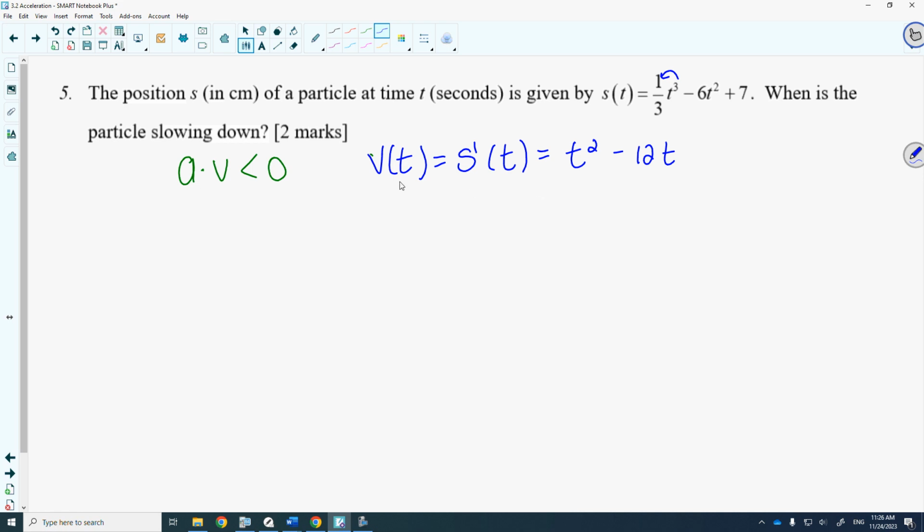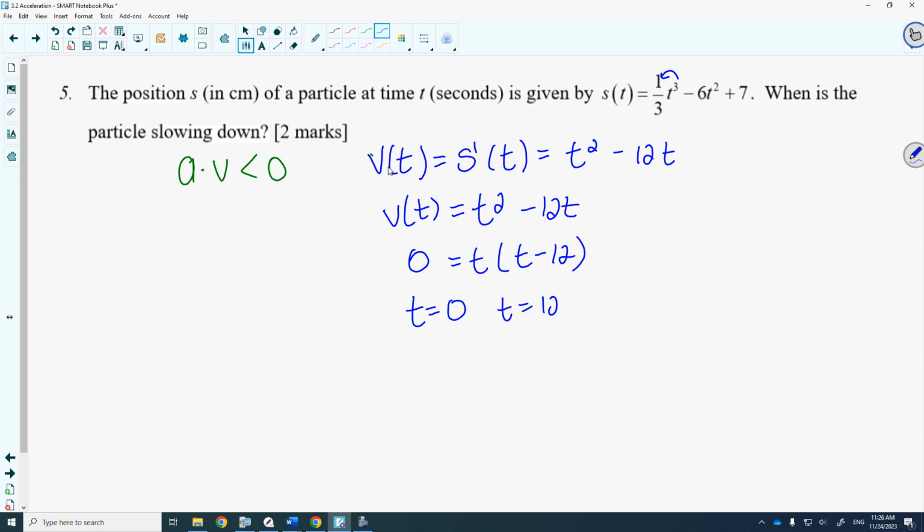So what we're going to do is take our velocity function, v of t is equal to t squared minus 12t, set that equal to 0, and let's factor. We factor out a t, and we're going to get t minus 12. So we're going to have 2 times that we're going to look at, 0 seconds and 12 seconds. And we're going to look at the intervals between 0 and 12 and greater than 12, and we're going to figure out when the velocity is greater than 0, when the velocity is less than 0.